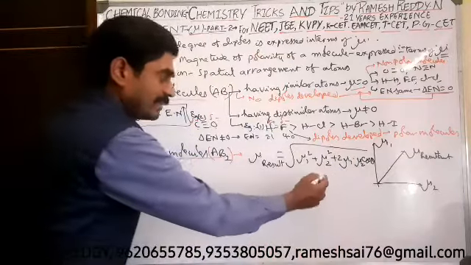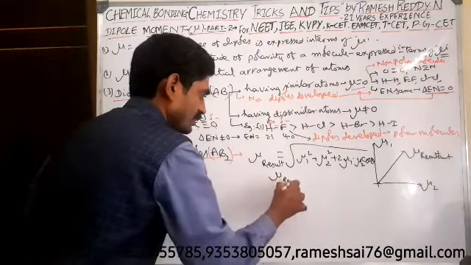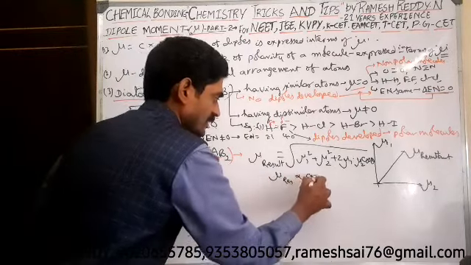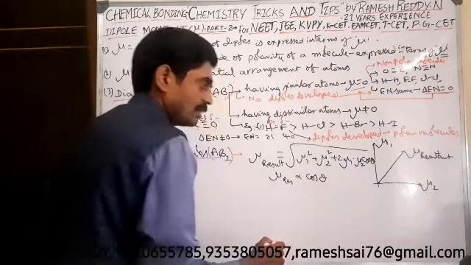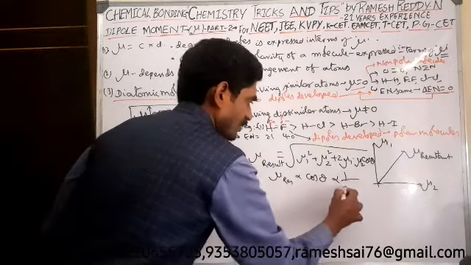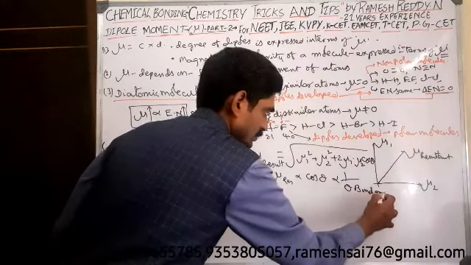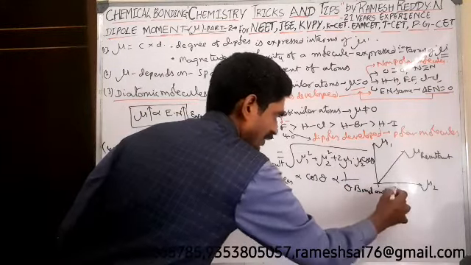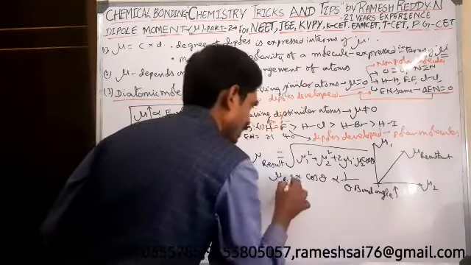We can get it by using this. The relationship is the dipole moment is directly proportional to cos theta. That means it is inversely proportional to theta, that is the bond angle. In a covalent molecule, if the bond angle is more, the dipole moment is less.